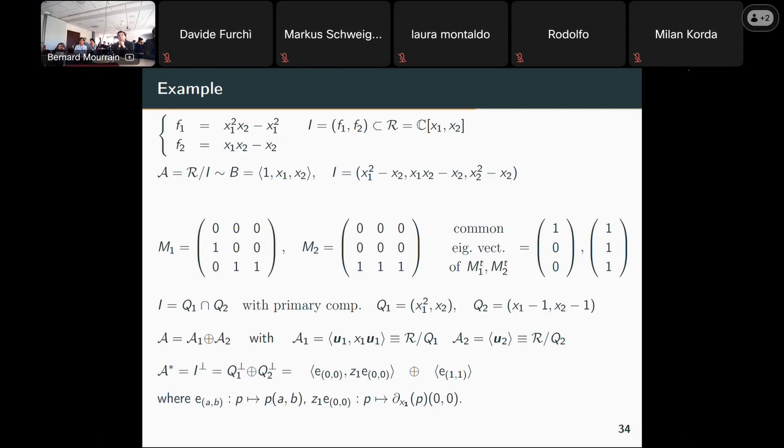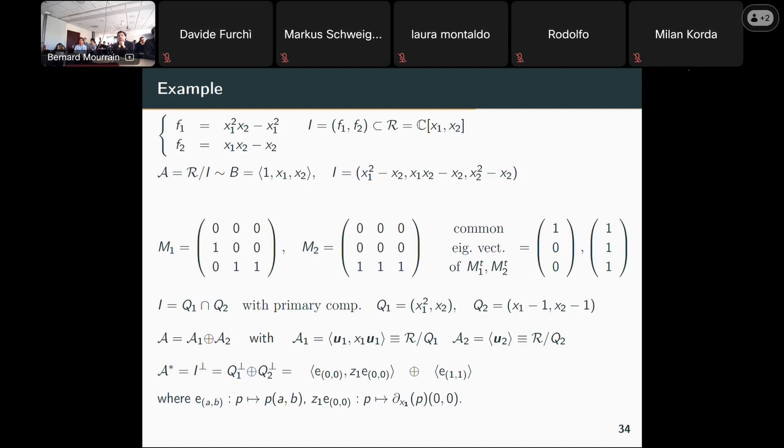So we can check that we have here a primary decomposition with primary components for 0, multiplicity 2, and 1, 1 with multiplicity 1. The local algebras are of dimension 2 and 1. The orthogonal of I, or the dual of A, is Q1 orthogonal plus Q2 orthogonal.